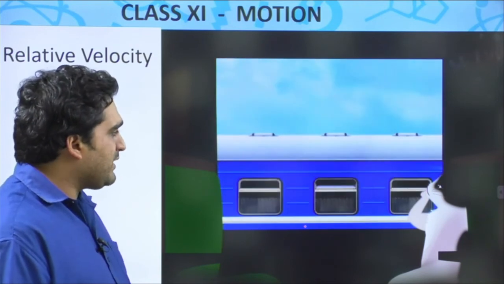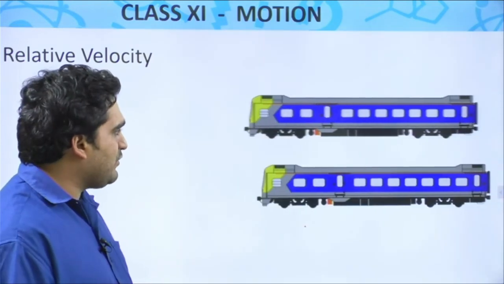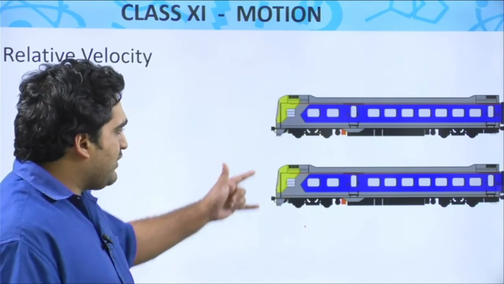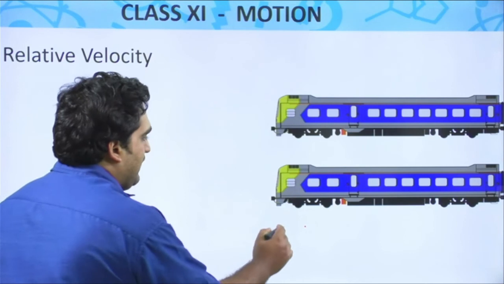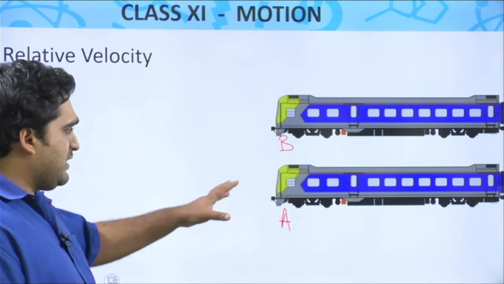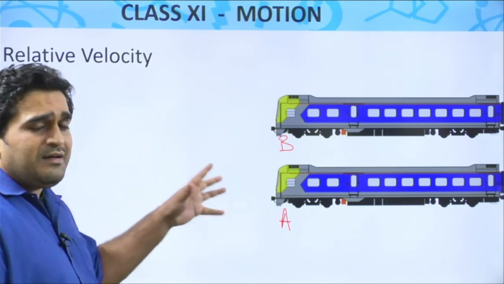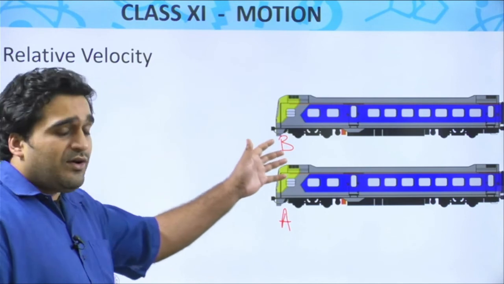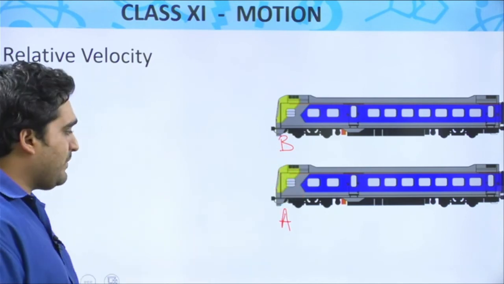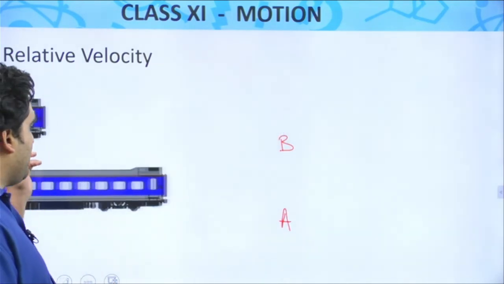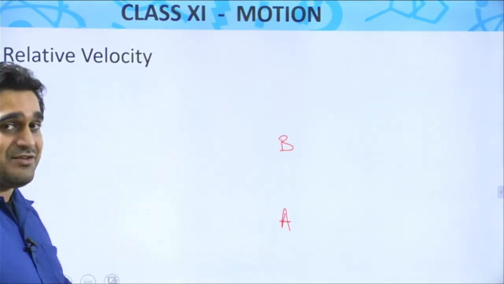From an outside perspective, you may take a look at these two trains, train A and train B. When they both leave the station, they are not necessarily traveling at the same speed. One's velocity might be greater than the other. Notice that B's velocity is greater than A's.